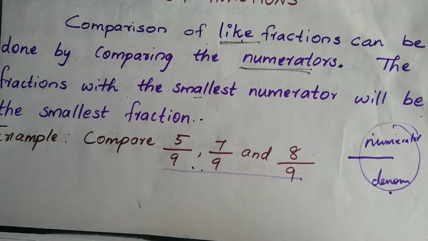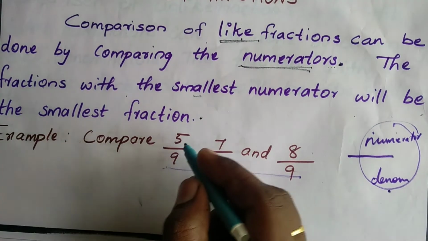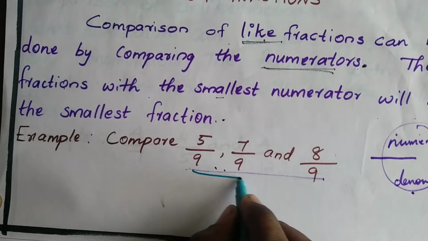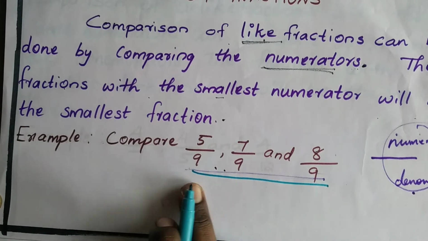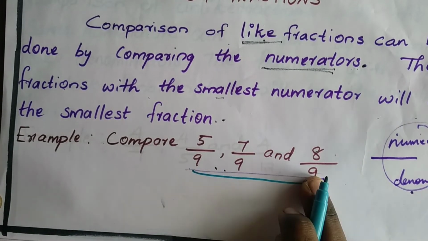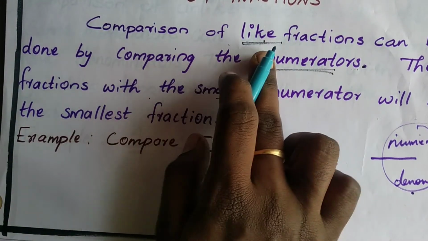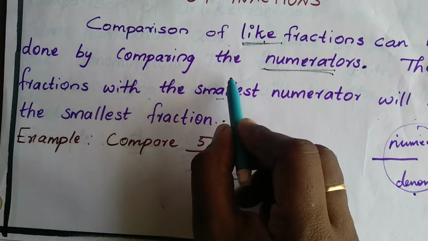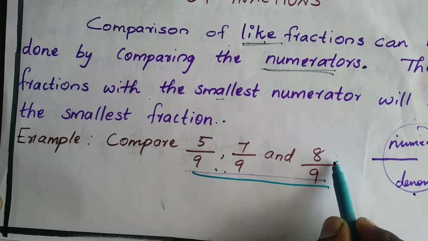Always remember what a like fraction is. What's the condition for a like fraction? The denominators are the same. So, comparison of like fractions can be done by comparing the numerators.